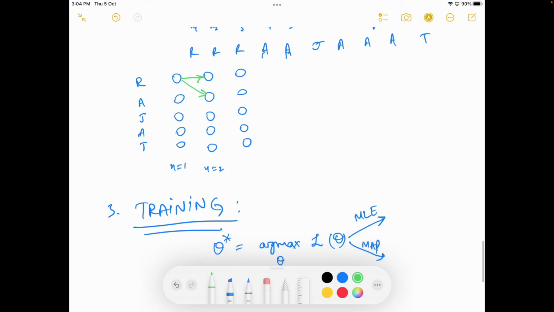From A, I can only stay at A or move to J. Likewise, from J, I can either stay at J or go to A. And at the second A, I can either stay here or move to Ta. I cannot go back. This is a constraint I put in my transitions, and then solve that same Viterbi decoding problem. In this way, I will be able to attain the alignments. This is called forced alignment.